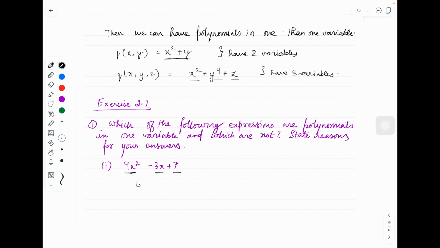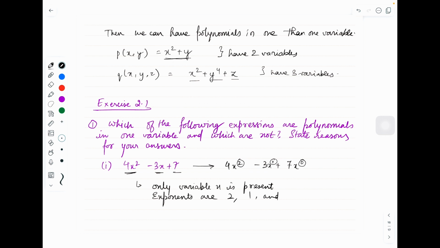Here you see, only one variable x is present. I am writing this first as 4x square minus 3x plus 7x to the power 0. This is x to the power 1. Okay, only one variable x is present. First condition is okay. Second is exponents. Check the exponents. Exponents are 2, 1, 0.